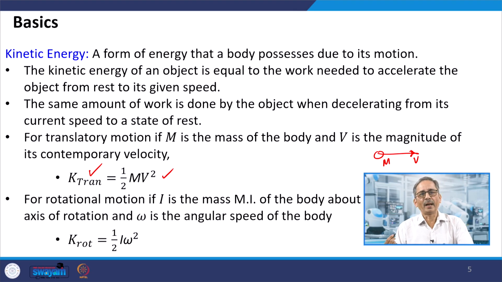Now, if the object has a rotational motion, and naturally rotational motion has to be about a certain axis, and say the object has moment of inertia I, and the angular velocity of the rigid body is omega, then the rotational kinetic energy is given by half I omega square.